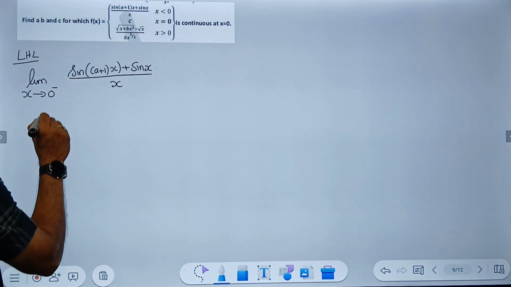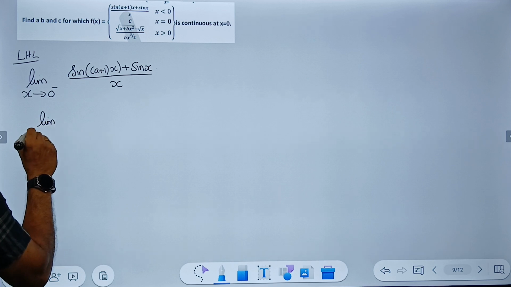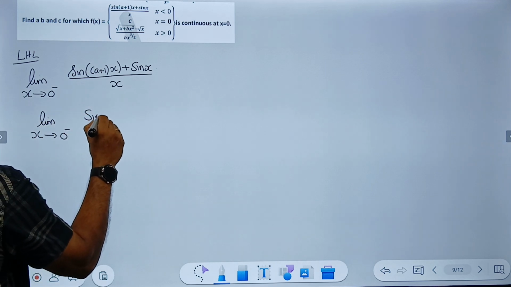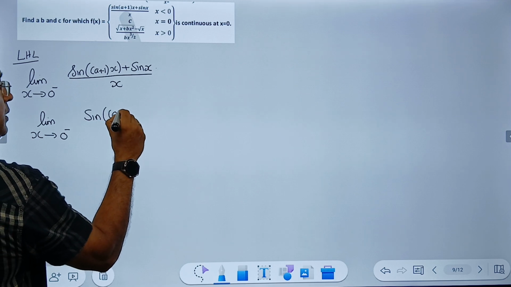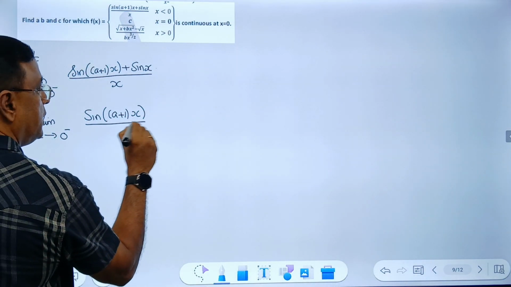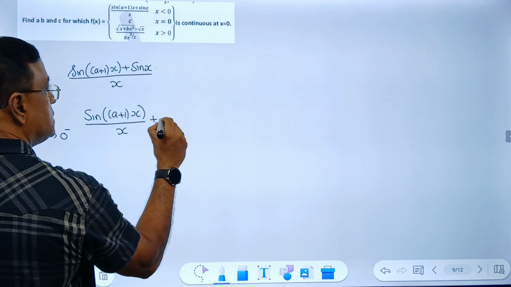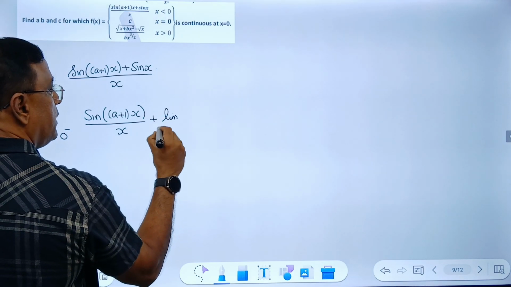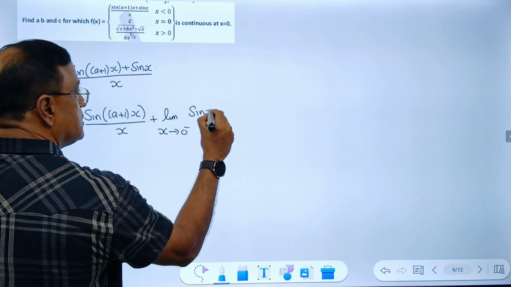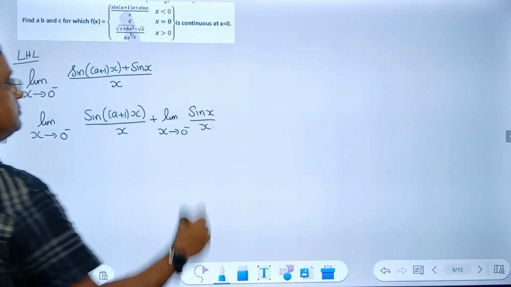So now what you do, this is limit x approaches 0 minus sine of (a plus 1) into x divided by x plus limit x approaches 0 minus sine x by x.